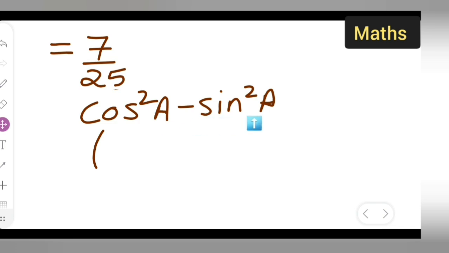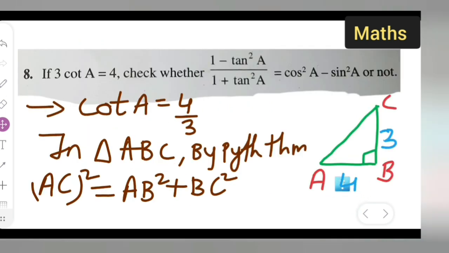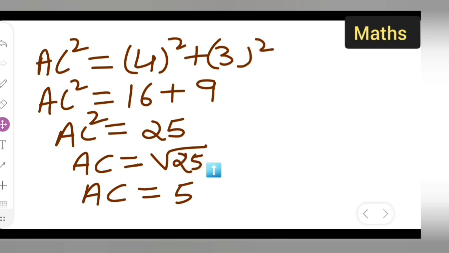So cos square A minus sin square A. So what is your cos square A? Cos means adjacent upon hypotenuse. Adjacent of A is 4, upon the hypotenuse which we found out just now. Okay, we got 5.